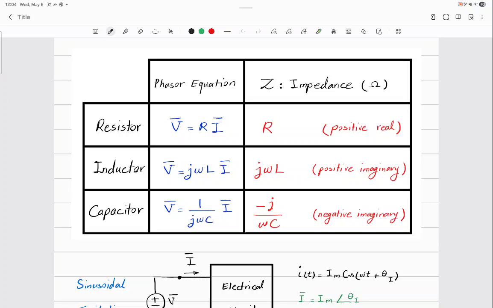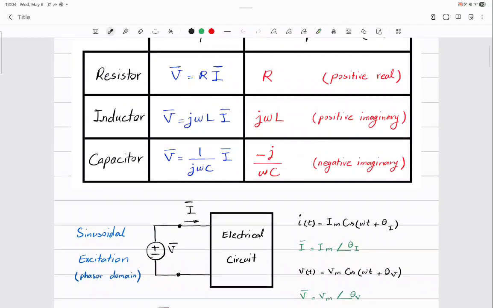J omega L. What is the impedance of a capacitor? 1 over J omega C or negative J over omega C. They are exactly the same. So these are the impedances. And remember that R is a positive real value, J omega L is a positive imaginary value, and negative J over omega C is a negative imaginary value. That is the first thing.